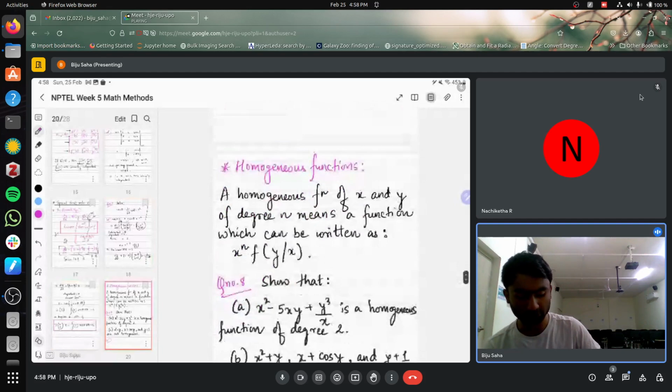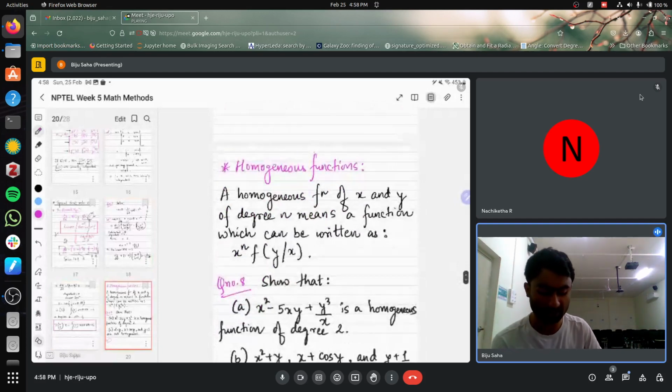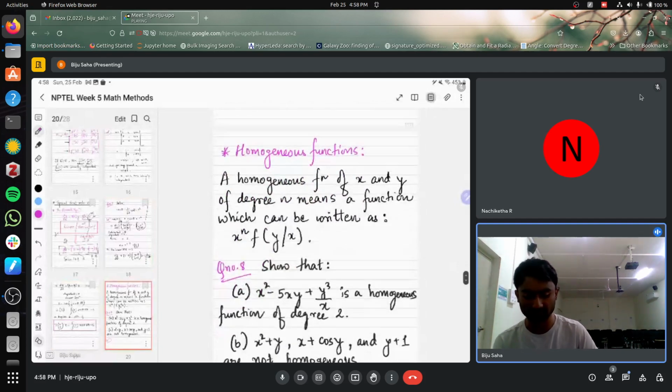So let me go to the next topic, which is something known as homogeneous function. Homogeneity of a function means that suppose you have a function f of x, y, a function of two variables x and y.